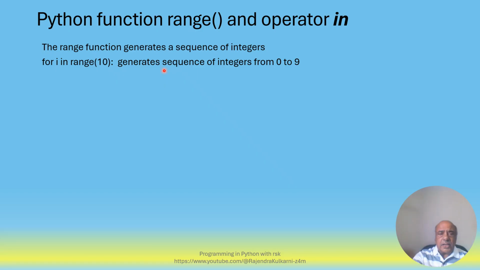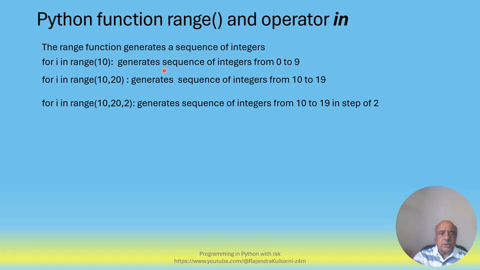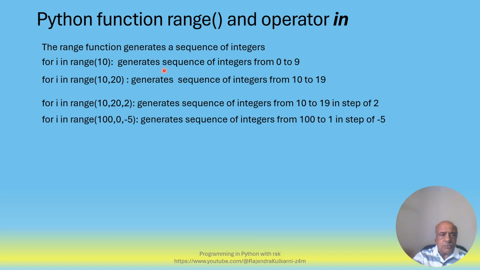So for I in range 10 generates a sequence of integers from 0 to 9. For I in range 10, 20 generates a sequence of integers from 10 to 19. Then this 2 generates the integers in steps of 2.